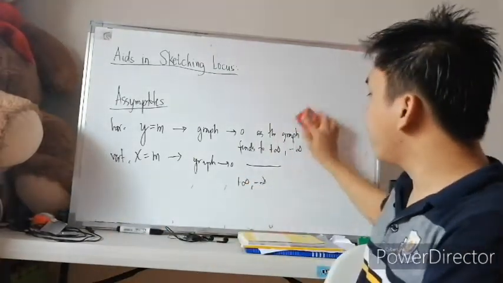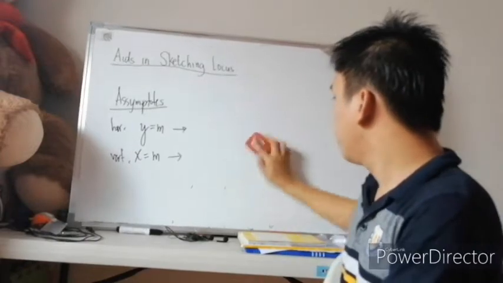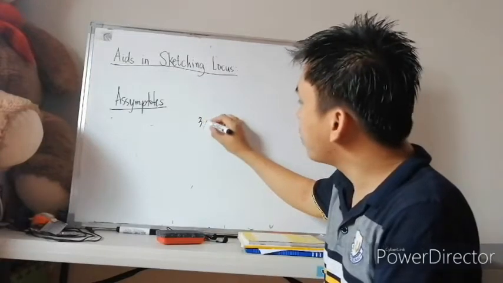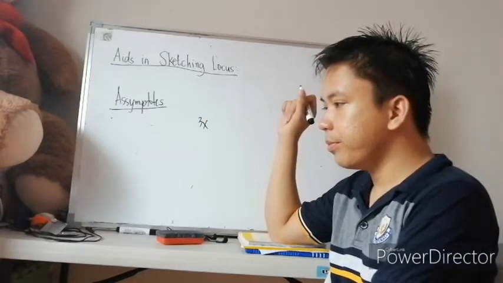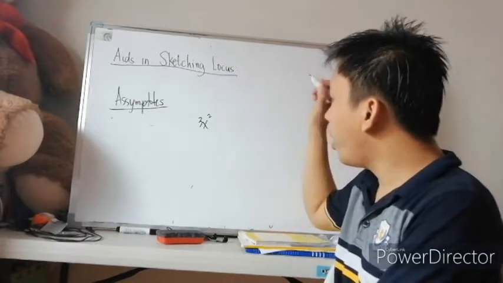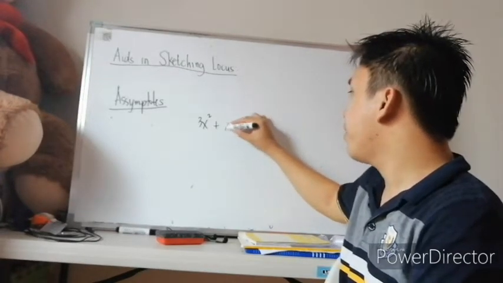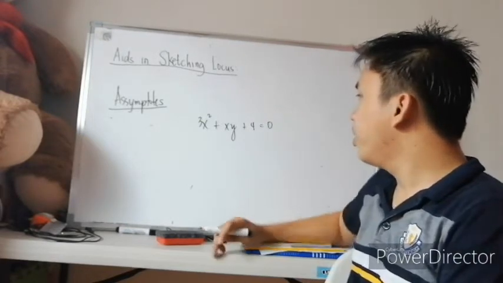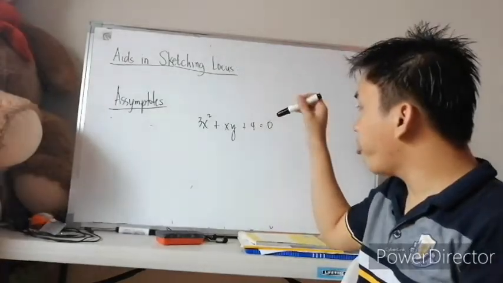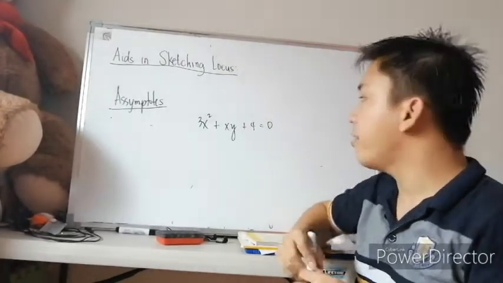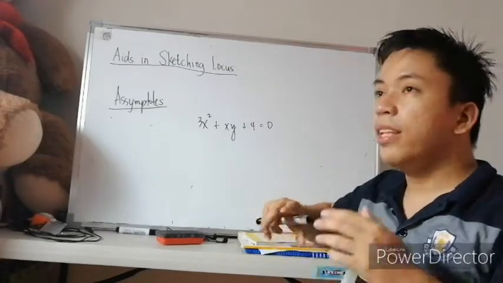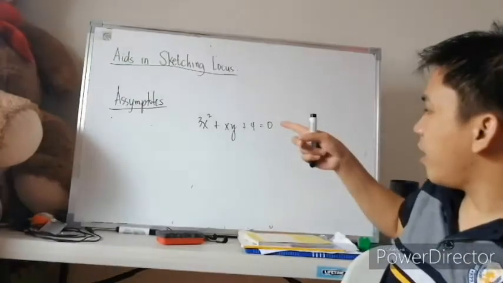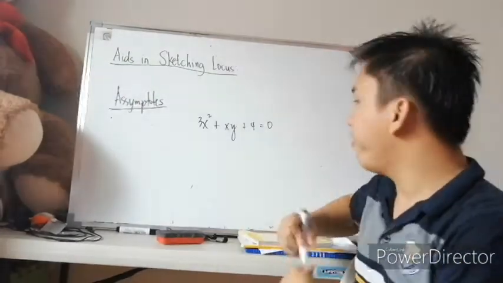Okay, so to see that, let's consider an example here. 3x squared plus xy plus 4 equals 0. To check for the horizontal and the vertical asymptote, let's solve for x in terms of y. Or in this case, y is easier, so let's solve for y first in terms of x.